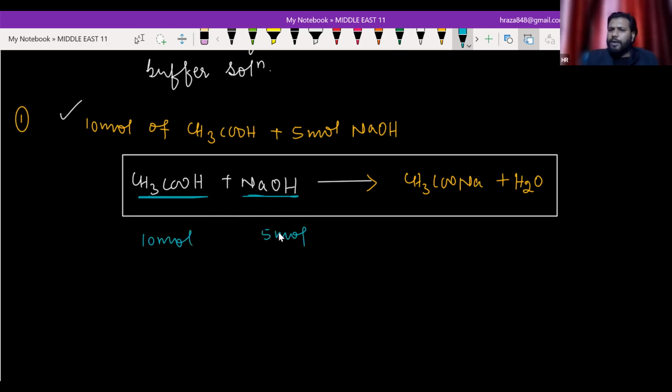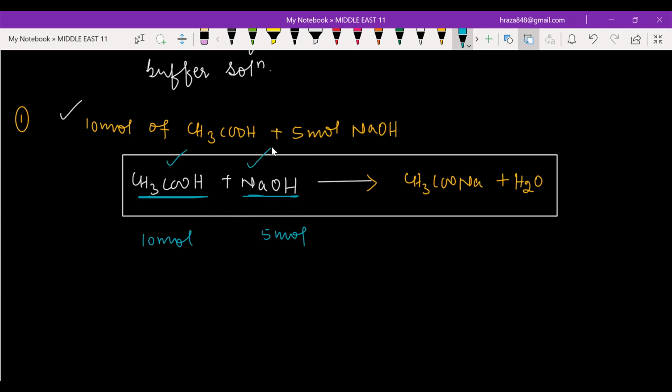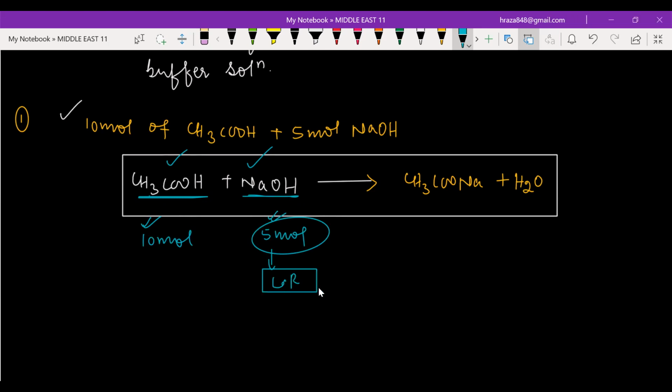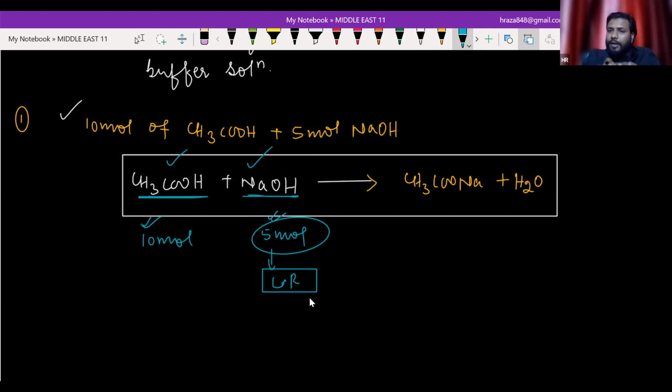Since this is lesser in amount, this is the limiting reagent. That means it will be over. It will be totally converted into product.